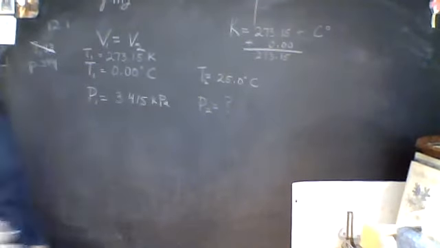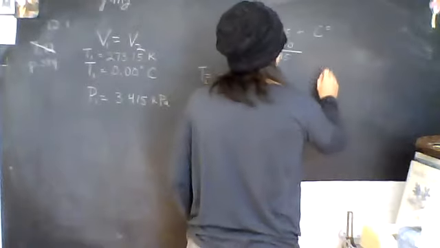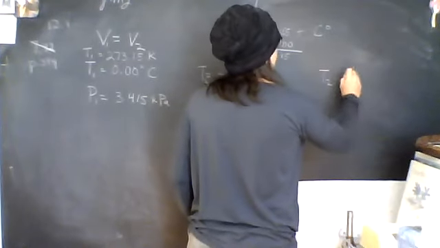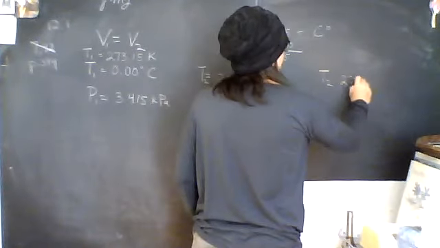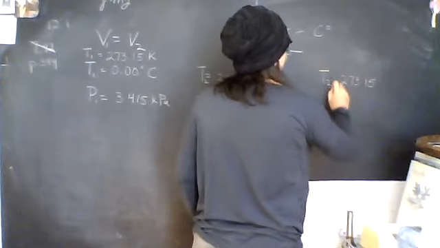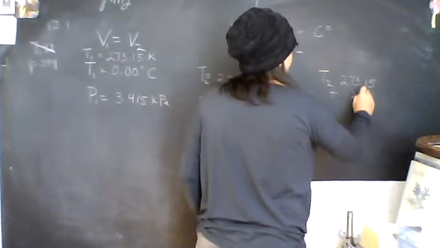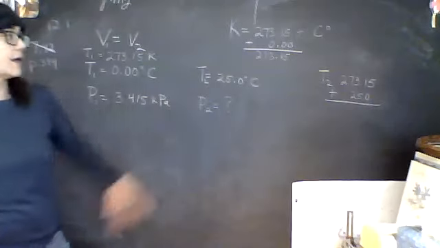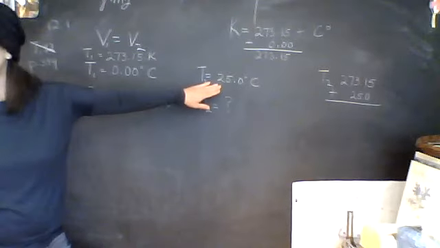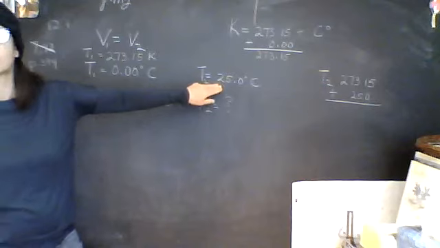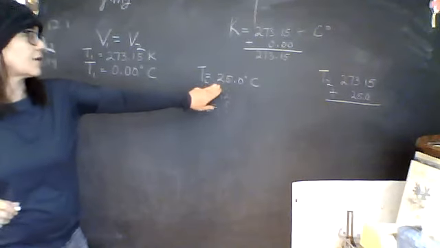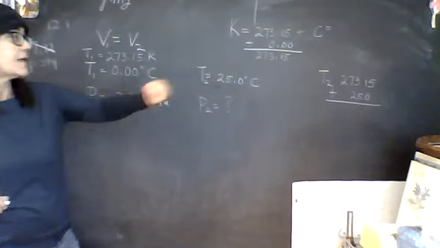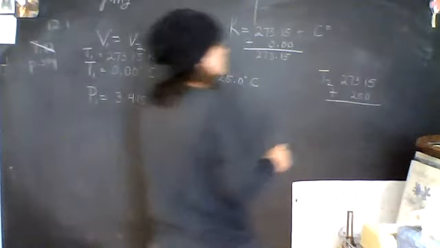Why? I can't tell you. How about temperature 2? Temperature 2 is going to be 273.15 plus 25.0. What is the amount of precision in this degree? Tenths. That means my answer can only be in tenths.